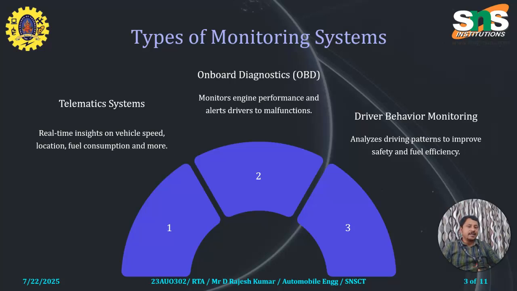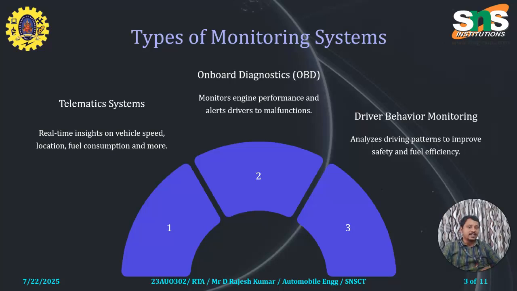Then the driver behavior monitoring. This is very important. For example, if the driver is drowsy and not blinking his eyes frequently, it means he is not active in driving. The system monitors the drowsiness and alerts the driver.